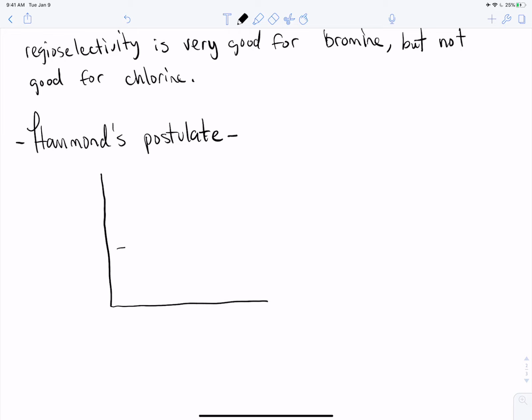If you look at just any reaction plot, we've got this transition state that's up at the top. Let's just call it some transient species.